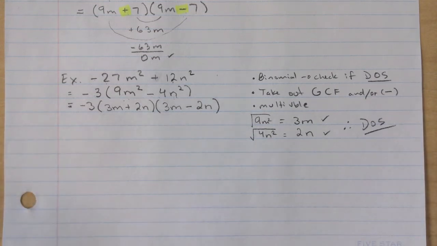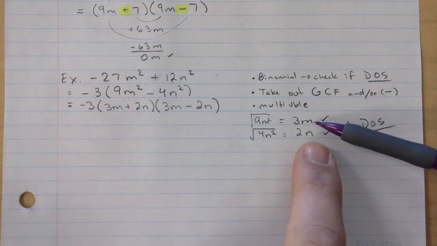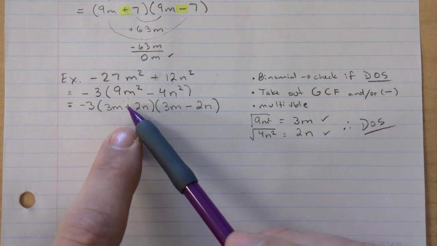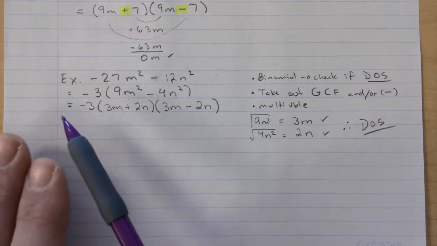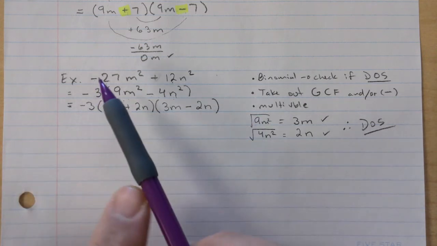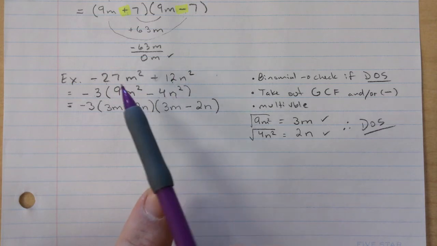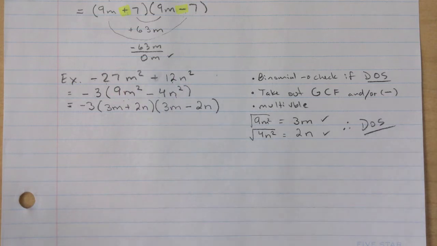Whoa, yeah, it works. So you get these terms when you do your check. And then it has to have a positive and a negative, or else it won't work. Okay? So this is fully factored. If you did not take out the negative and you did not take out the 3, you would have missed the fact that it is a difference of squares. So be careful there.